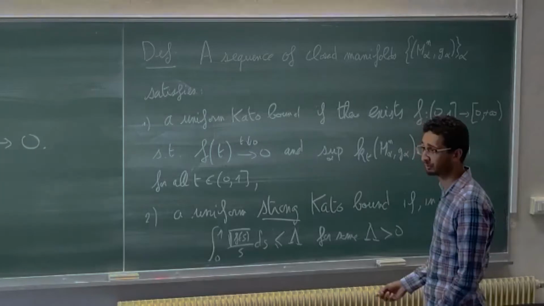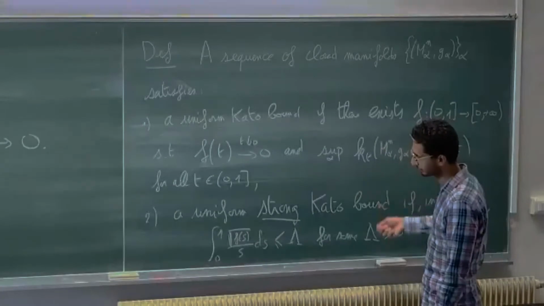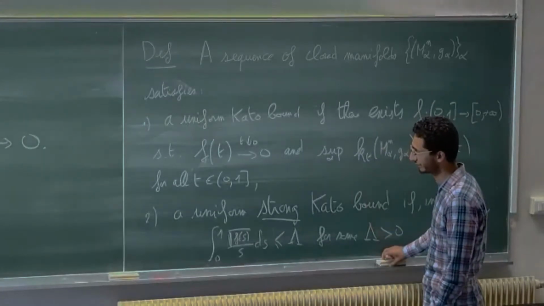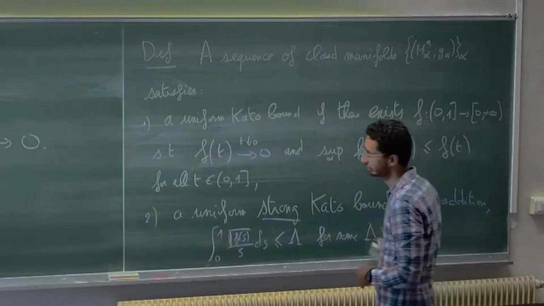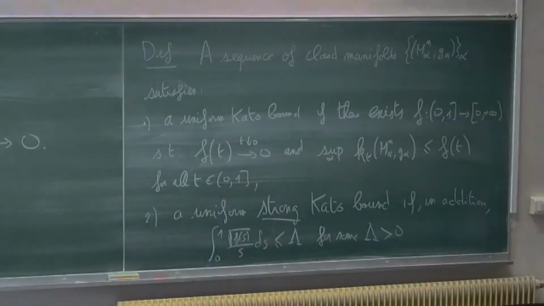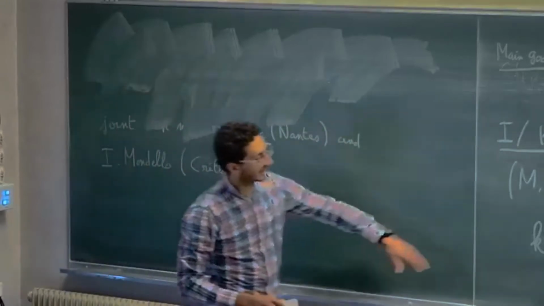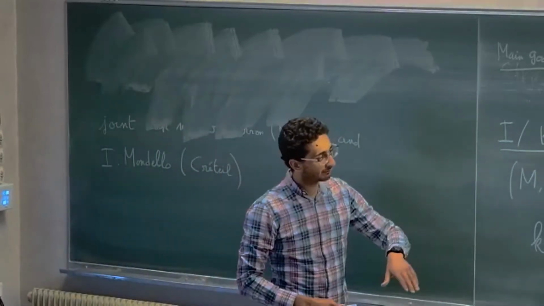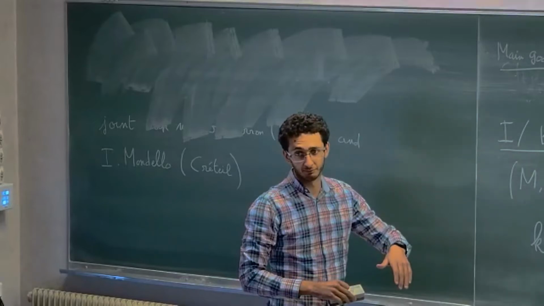I've just said limit spaces, so let me explain why these quantities ensure that such sequences admit limit spaces. There is a result by Gilles Carron saying that if you have a control on this quantity K_T, you can derive a modified version of the Bishop-Gromov inequality.